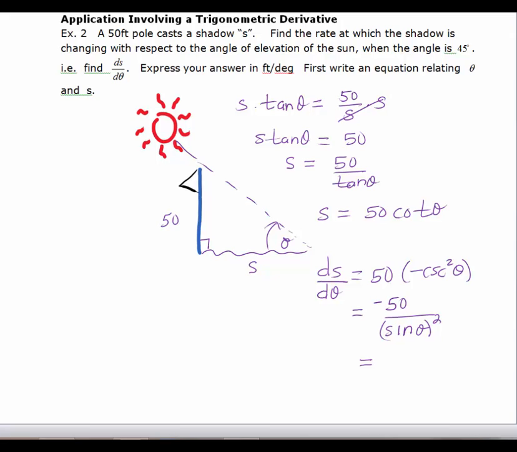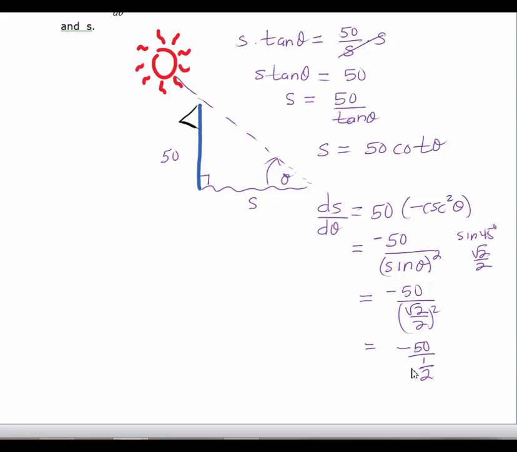I know that I'm going to get negative 50 over the square root of 2 over 2 squared, because the sine of 45 degrees or the sine of pi over 4 is the square root of 2 over 2. The square root of 2 over 2 squared is equal to 1/2, and when I divide negative 50 by a half, I'm going to get negative 100. But you have to think of the units on this.